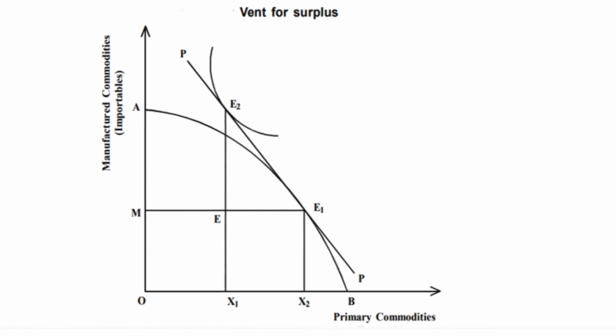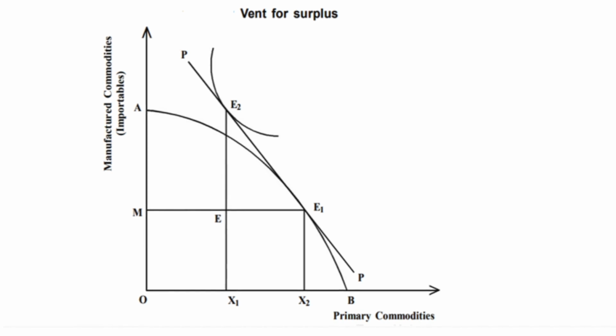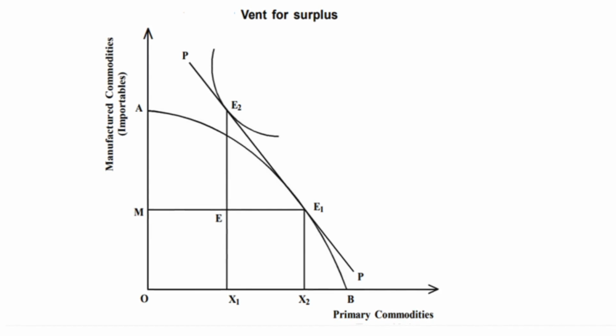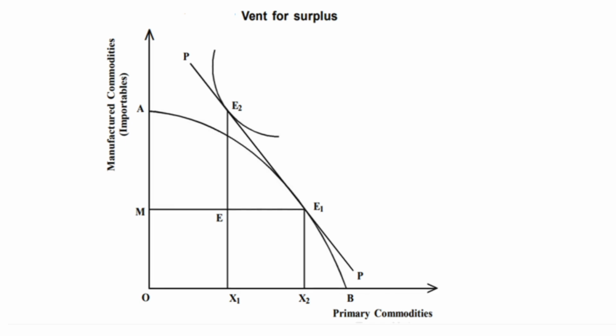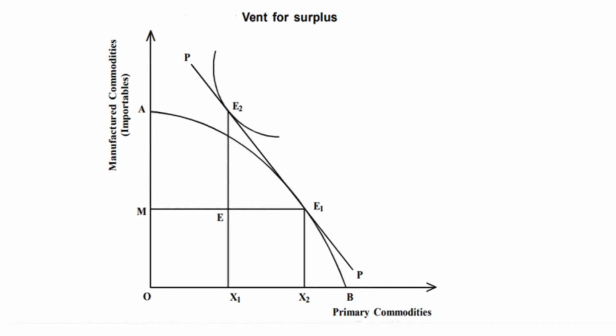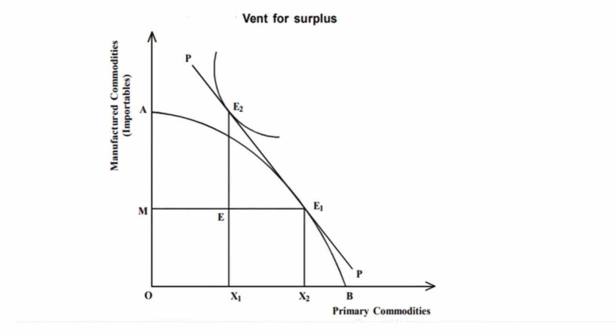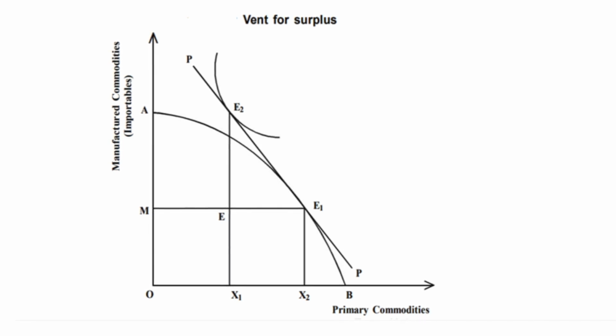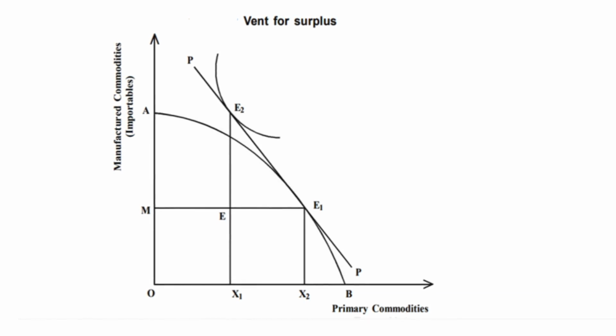Let E be any point below the production possibility curve before trade, when resources are not utilized fully. The country produces OX1 units of primary commodities and OM units of manufactured commodities. Due to trade, the country produces more primary commodities, and point E shifts to point E1 on the production possibility curve.